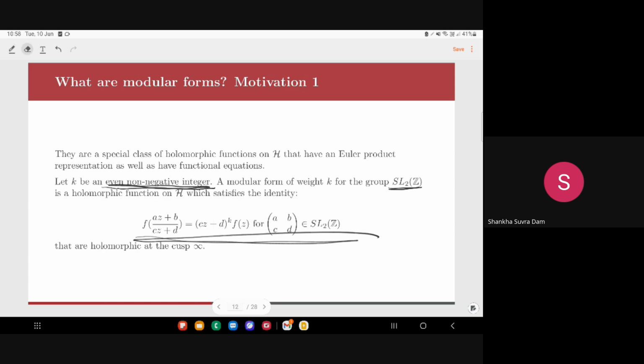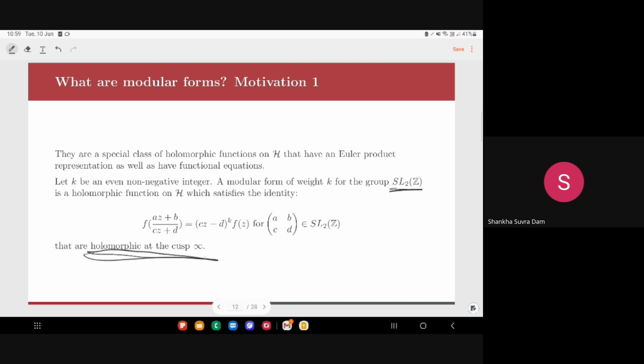For a general subgroup of SL2R, this would be the same thing, but again, we need that subgroup to have a fundamental domain of finite volume, and so on. And it is holomorphic at the cusp infinity. SL2Z has just one cusp, where the fundamental domain intersects the projective complex line in one point. For other subgroups, it would have to be holomorphic at all the cusps.